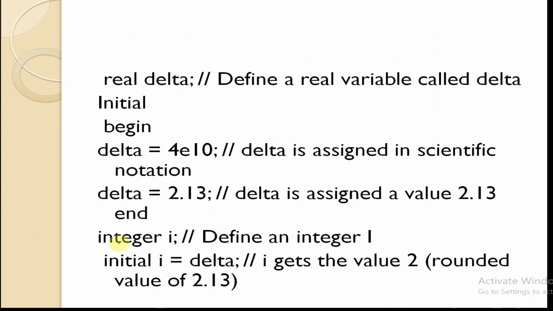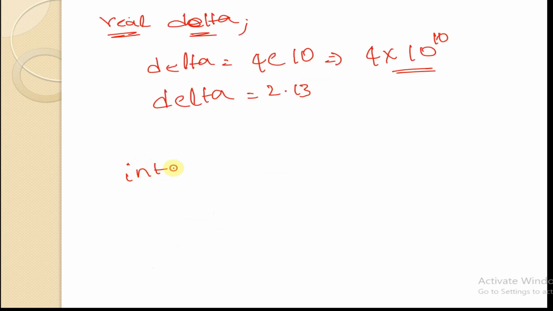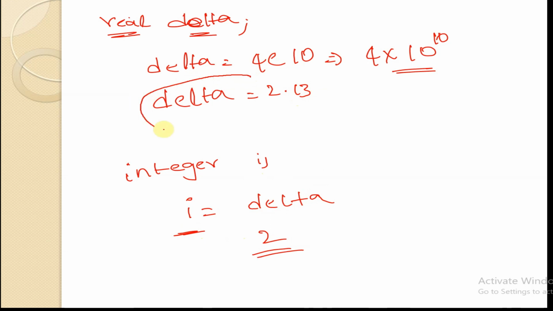And they declare integer I, and give I is equal to delta. So what will be the value of I? It is nothing but 2, since the last updated value in delta is 2.13.